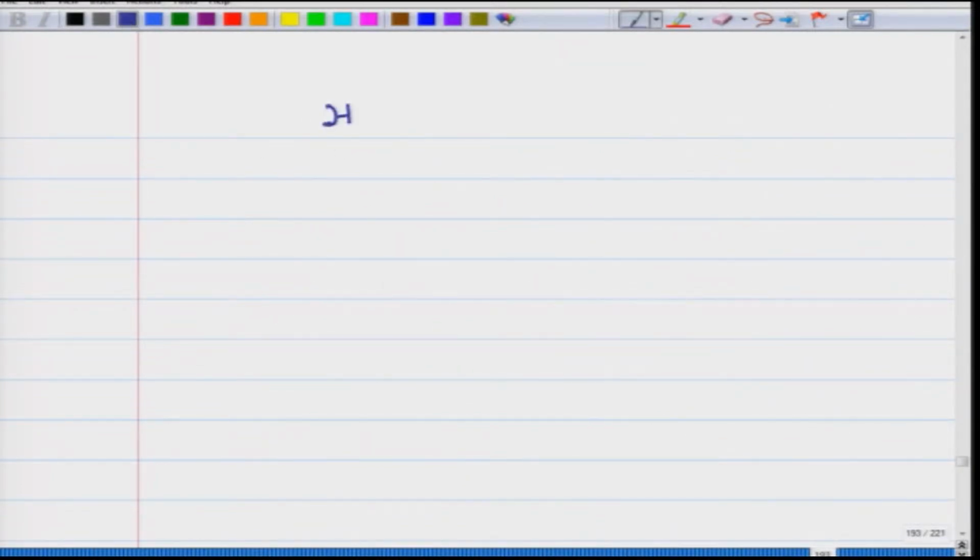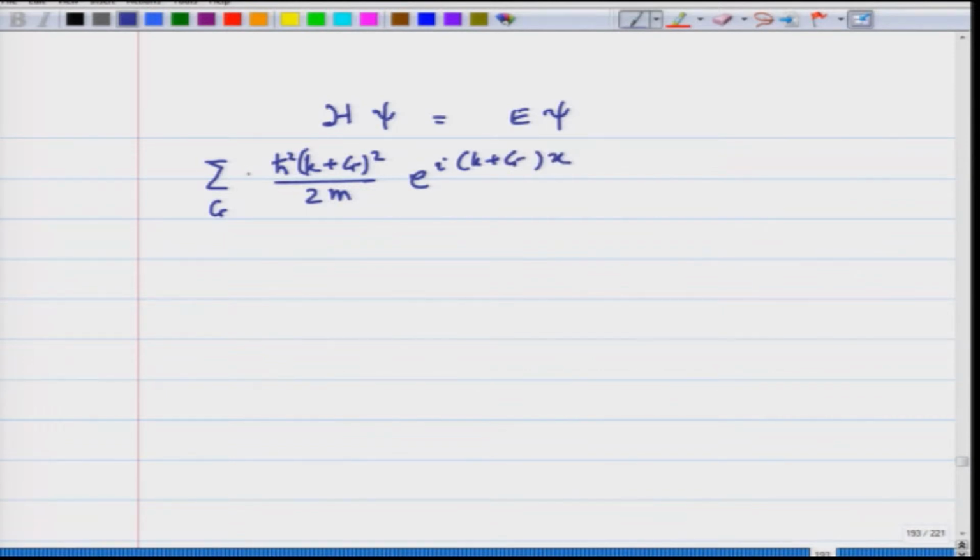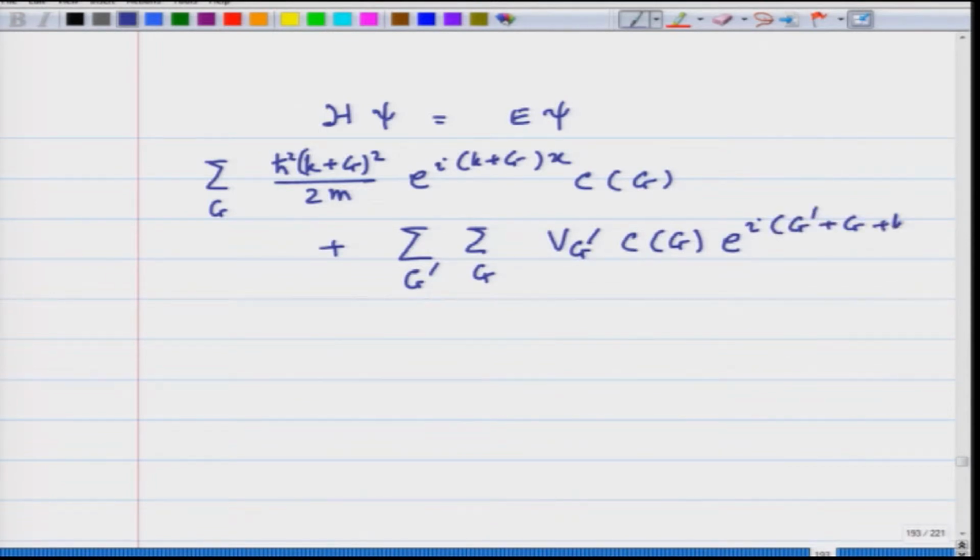When I substitute this in Hψ = Eψ, I am going to get the summation over g of ħ²(k+g)²/2m e^{i(k+g)x}, there is a c_g here, plus for the potential I have to now write the summation over g' and g of V_g' c_g e^{i(g'+g+k)x} equals E e^{i(k+g)x} c_g summed over g.